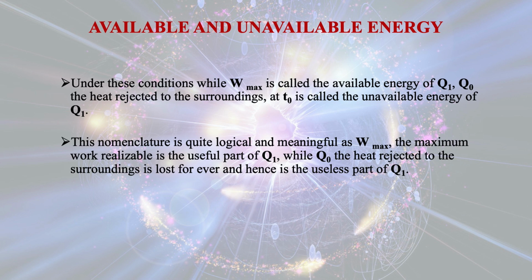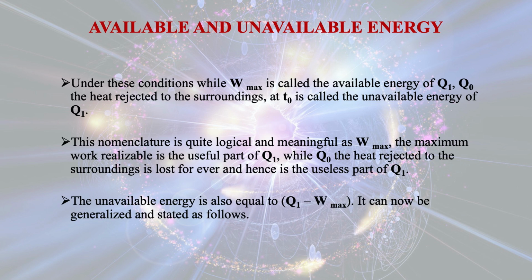This nomenclature is quite logical and meaningful, as W max, the maximum work realized, is the useful part of Q1, while Q0, the heat rejected to the surroundings, is lost forever and hence is the useless part of Q1. The unavailable energy is also equal to Q1 minus W max.